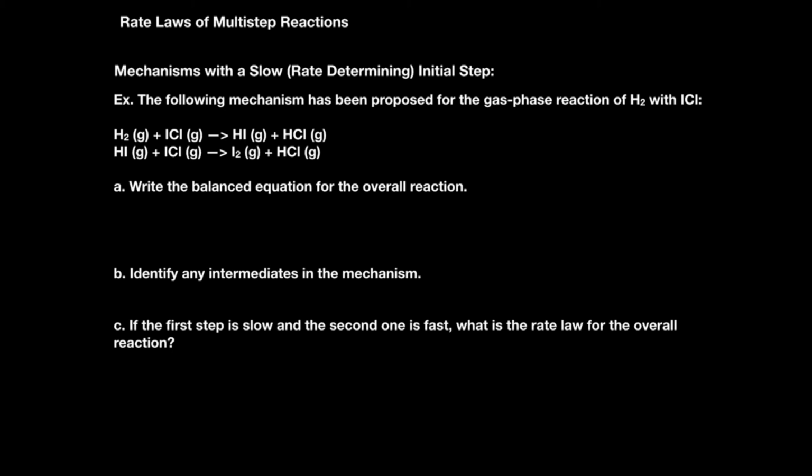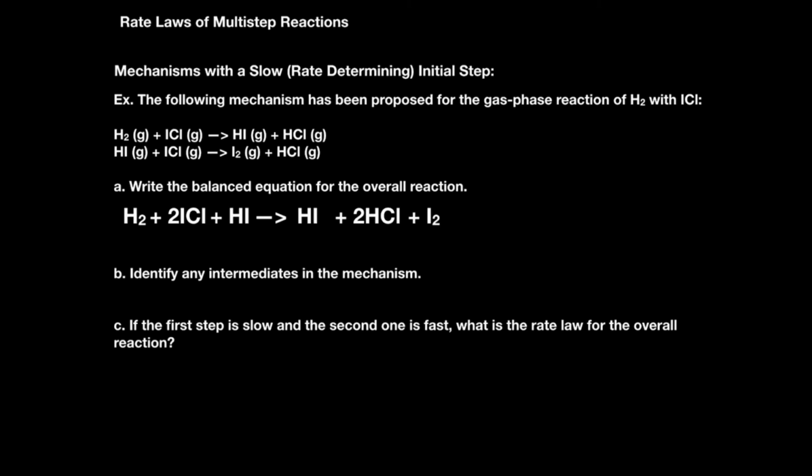So the first thing it asks you to do is to write the balanced equation. This is a review from what we just did. So we're going to combine these together. So we've got H2 plus 2 ICl plus an HI, and that produces an HI, 2 HCl, because I combined the HCls together, and I2. Now, anything in common on both sides?